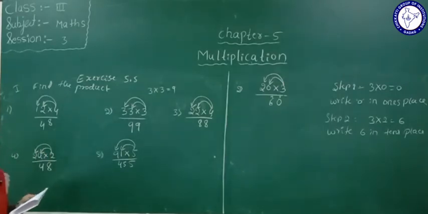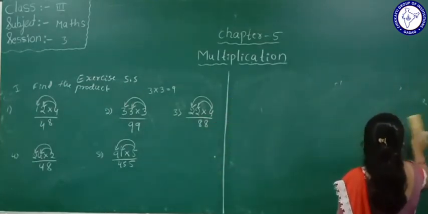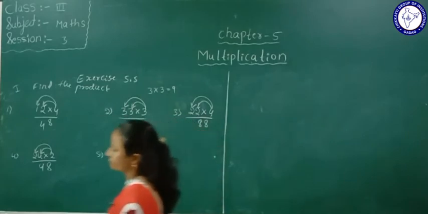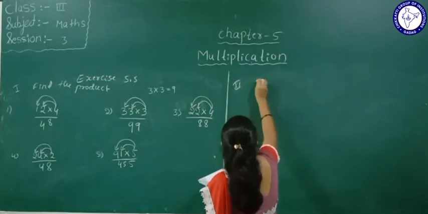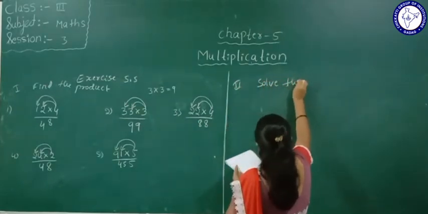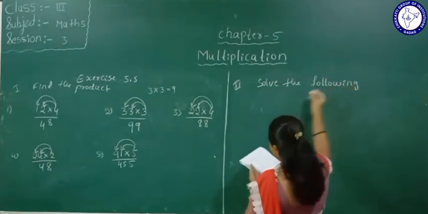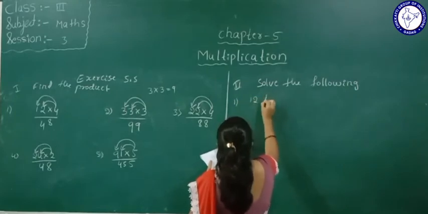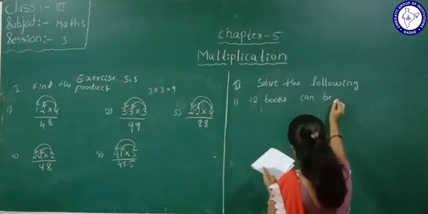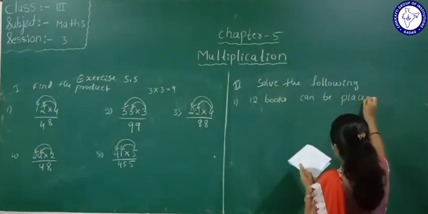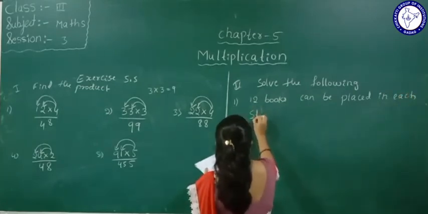Okay, second main: solve the following. First one, they have given here: 12 books can be placed in each shelf.